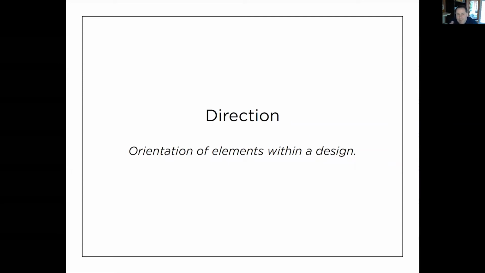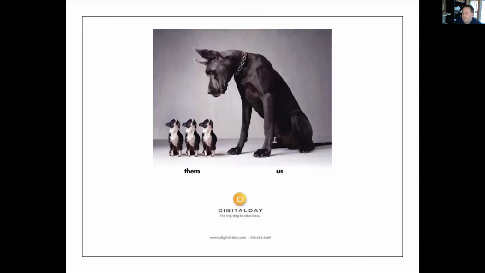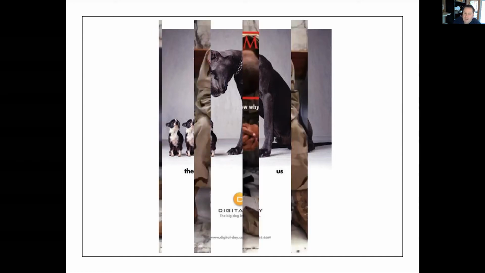Right, direction is the orientation of elements within a design. All right, giving it some kind of direction. Remember when we talked about implied line? We deal with the ad where we see the big dog looking at all the little dogs. That big dog is looking down and the little dogs are looking up. This gives a very strong direction to the composition in that particular design.